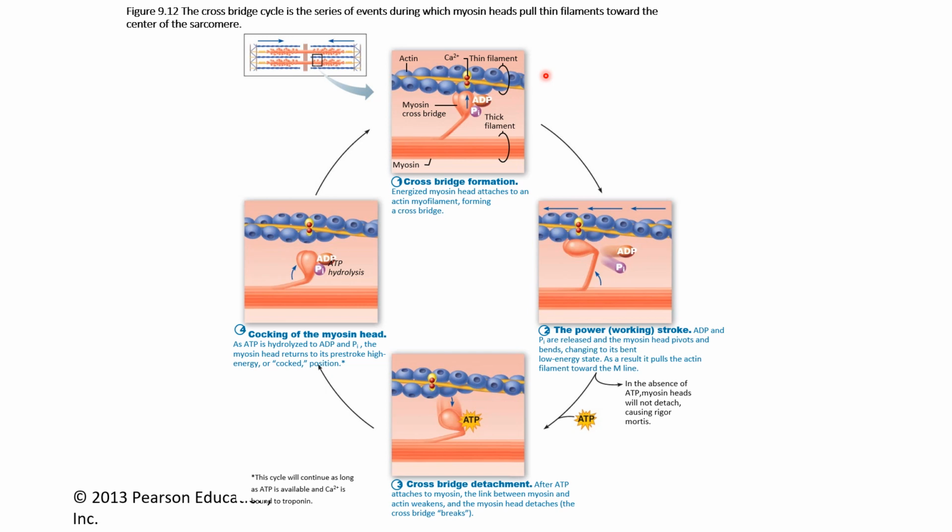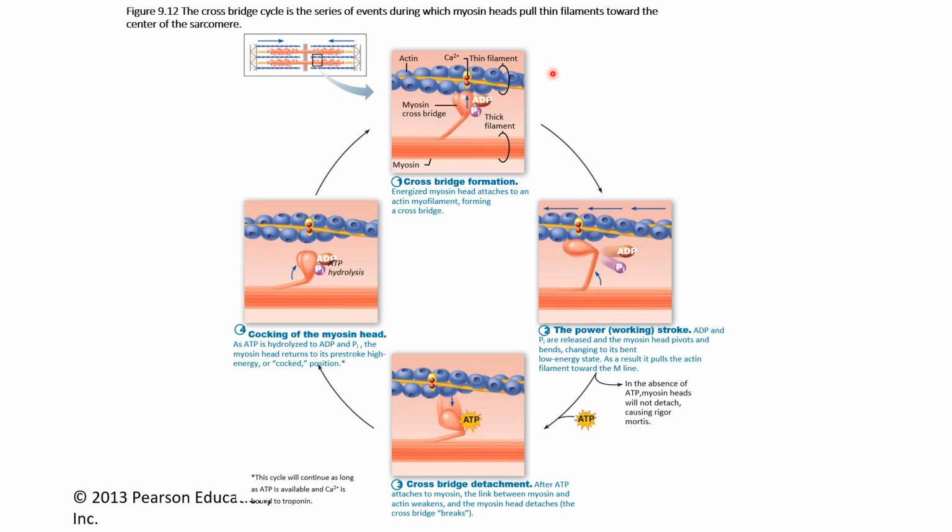And there is a protein, tropomyosin, that's blocking those active sites. As long as tropomyosin is blocking those active sites, you're not going to have any contact between actin and myosin, and your muscle is relaxed.